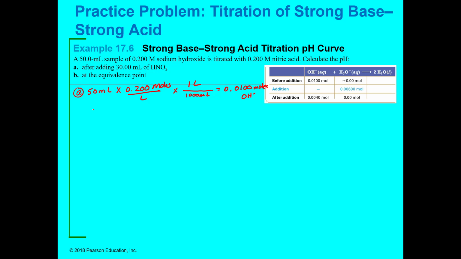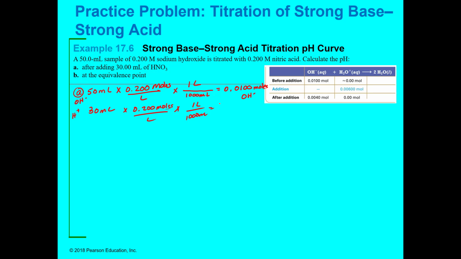Then I've got nitric acid, 30 milliliters. Okay, so this is my OH, and this is my H plus. 30 milliliters times 0.2 moles per liter times 1 liter over 1,000 milliliters.